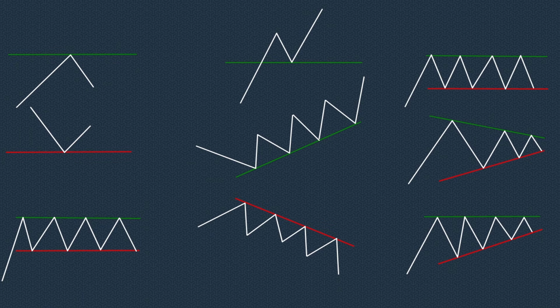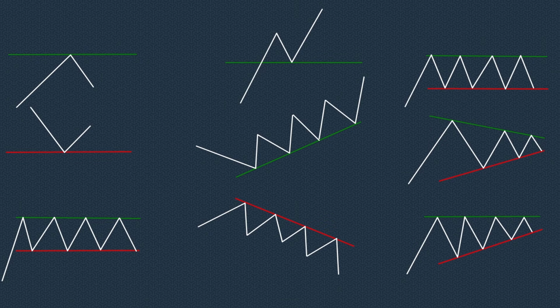When you start drawing formations, remember that every participant of the market has to see them on the graph. This is a kind of reflection of traders' feelings and emotions.